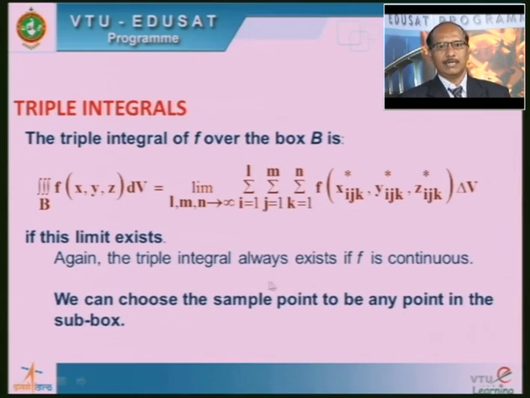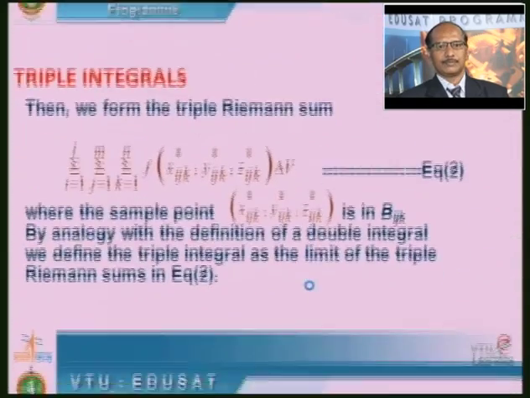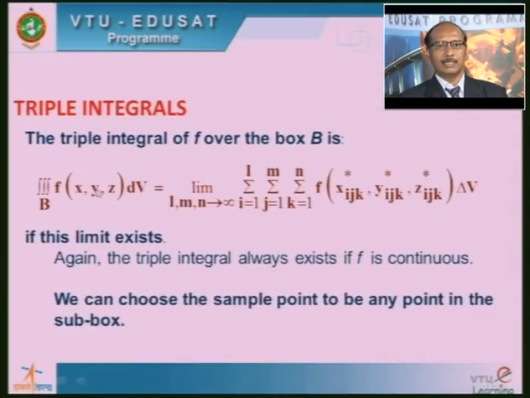Again, the triple integral always exists if f is a continuous function. You can choose the sample point to be any point in the sub box. Collect all such sample boxes up to an infinite number and add them; that gives the triple integral of f over the box.